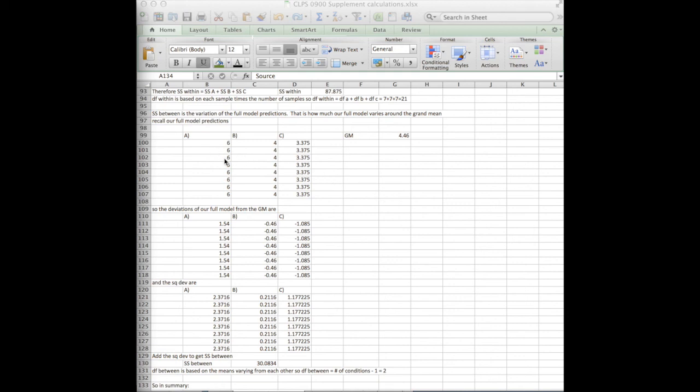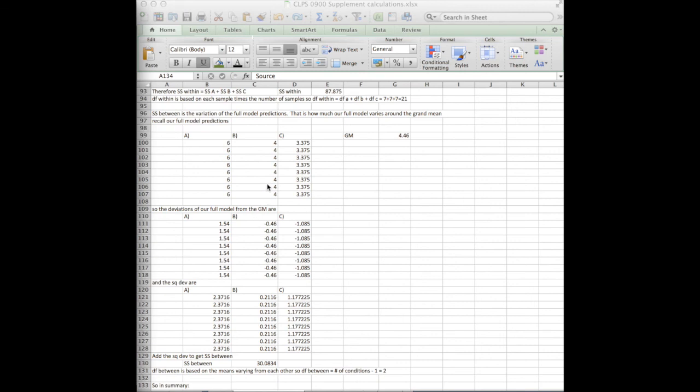mean. So here I calculated 6 minus 4.46 is equal to 1.54, and then notice that it's the same calculation over and over for everything in the condition.